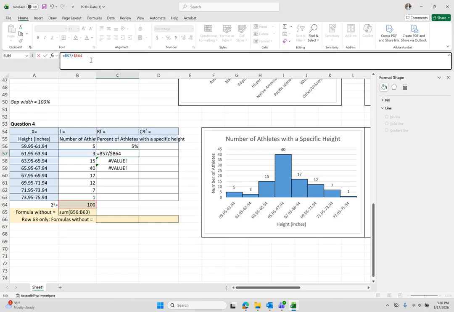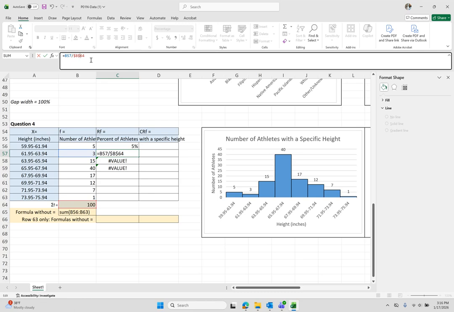So if you move left and right, it will stay in column B. If you put a $ sign in front of the number of the row, which is 64, then the row will not change. So as you move down, it will still reference row 64 for you. If you put $ signs on both the column and the row, then that cell will always be the cell that it will be dividing by.